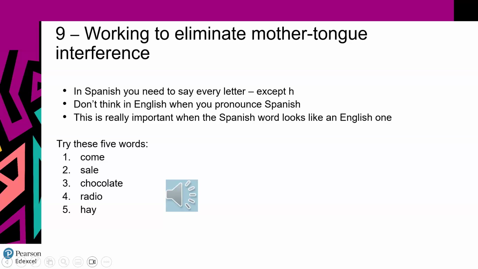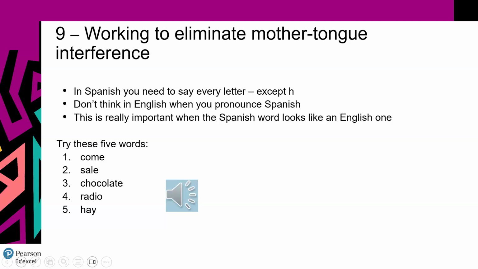So here, just for them to realize, instead of us always telling them, we can just play them and say, what do you notice about the pronunciation of these cognates? For example, the E sound like an E. Number 5, this doesn't sound like a hey, but it sounds different. So let them explain, because if they can explain to us, it means that they've understood.